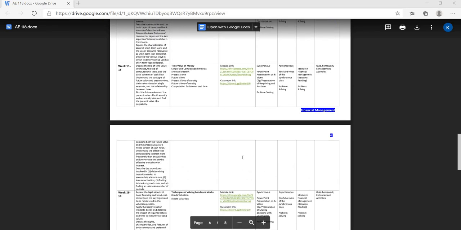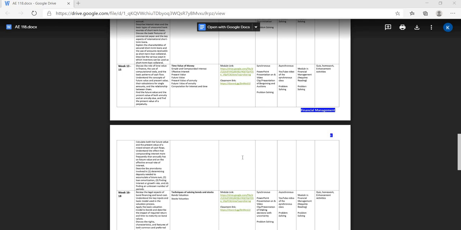We have discussed in our basic accounting the stable monetary unit, right, that the peso value will not change over time, but it is not actually happening in the real world because, for example, our 50 now may not be the same as our 50 after 10 years or after 20 years.